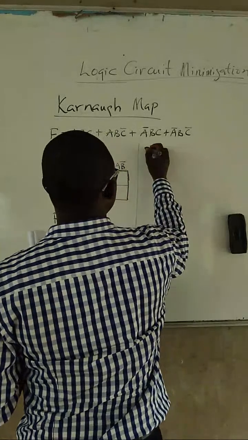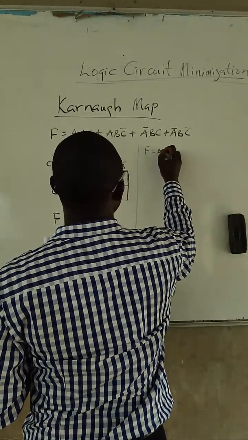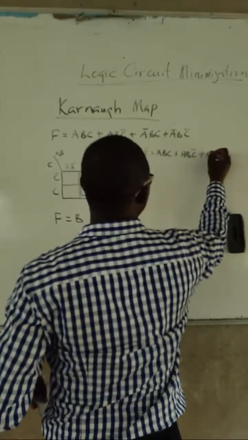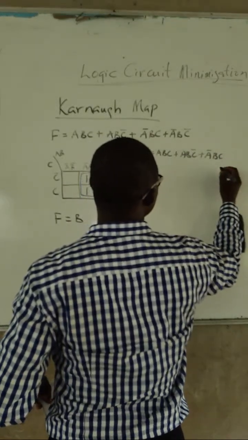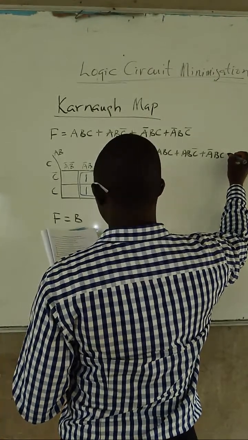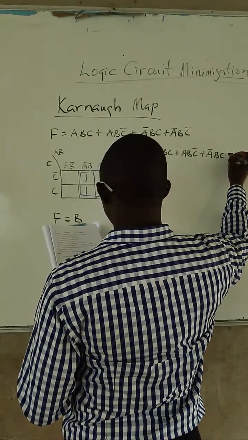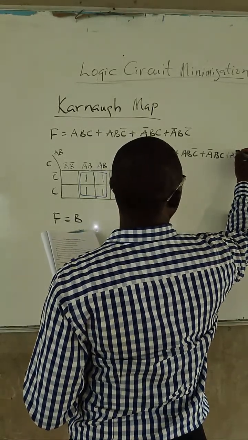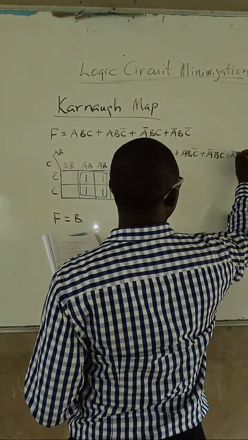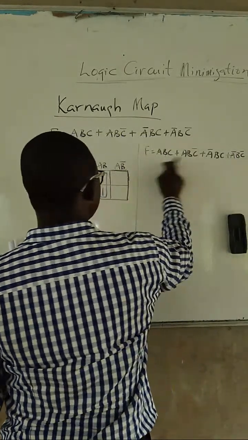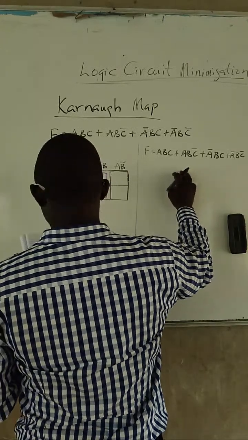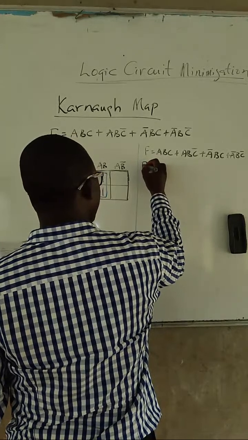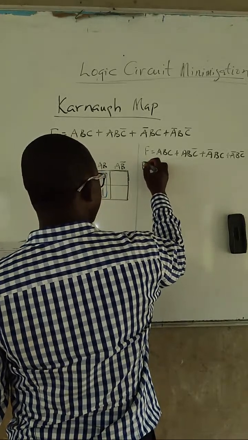From here, we have F equals ABC plus AB C bar plus A bar BC plus A bar B C bar. Now we can do some factorization, like in normal mathematical algebra.